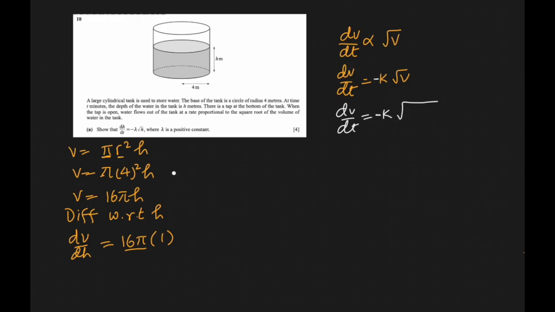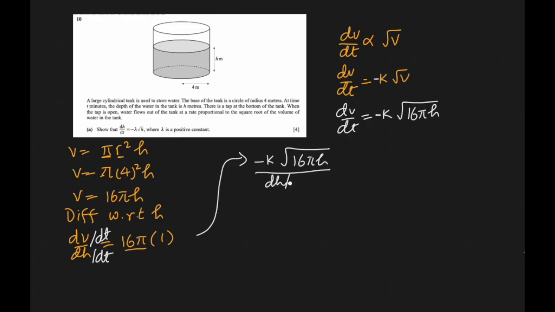Square root, what is volume? 16 pi h. Okay, that's what dV over dt is. So what I will do is divide both up and down by dt. So dV over dt is the numerator now, which is minus k square root 16 pi h, over dh over dt remains what it is, equal to 16 pi.